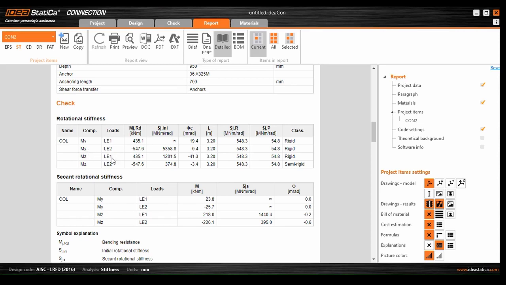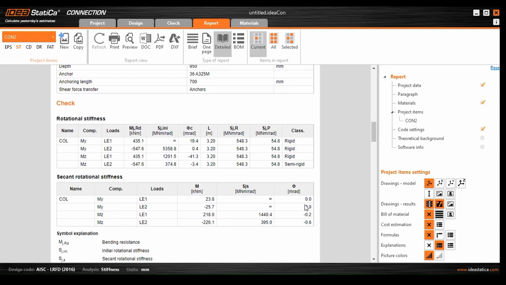And for load combination 1, the rotation is rigid about the z-axis, but in load combination 2, when we have tensile force, the connection becomes semi-rigid. And the total rotation of the connection is below 20 milliradian, the limit introduced by AISC, as you see here.